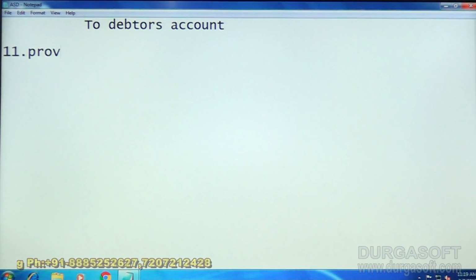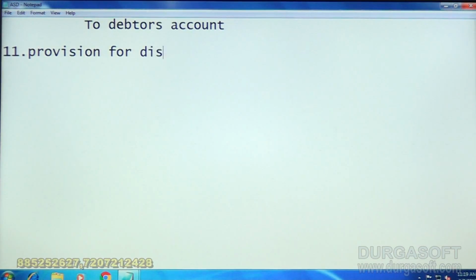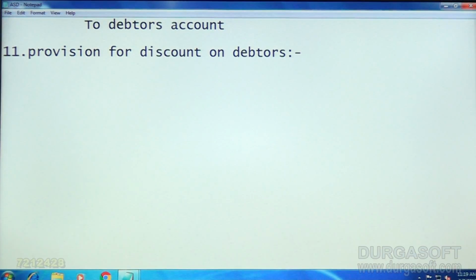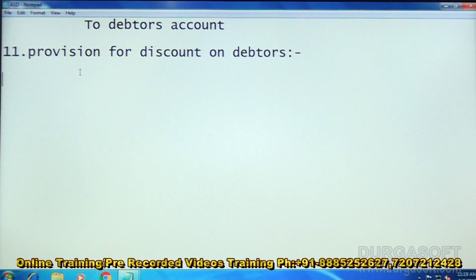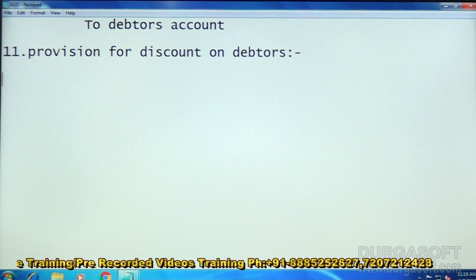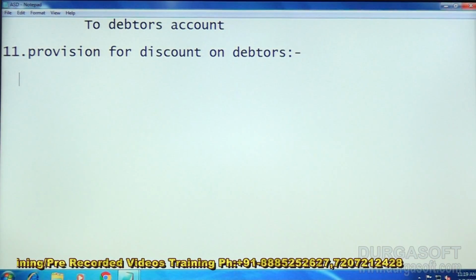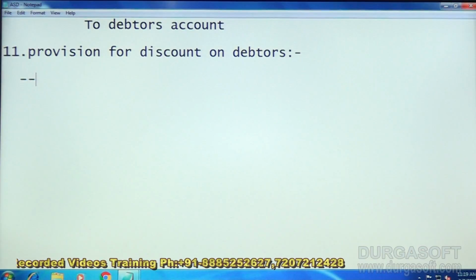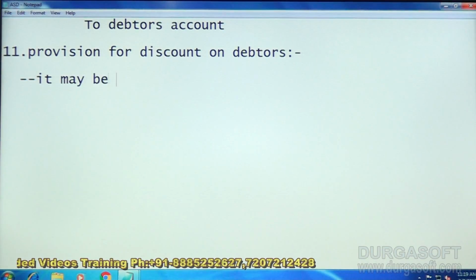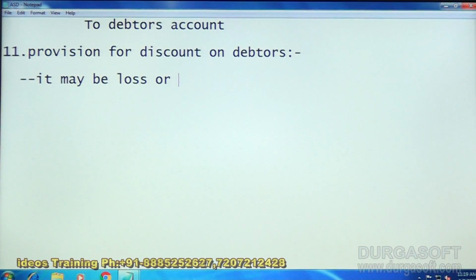Just similar to provision for bad debts, provision for discount on debtors.